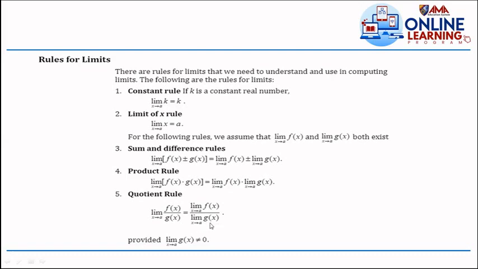So in our quotient rule, you have to observe this condition, provided that the limit of your denominator, which is the limit of g(x) as x approaches a, should not be equal to 0. Okay? If it becomes 0, it means we have to do something with our functions or the equation of our denominator.